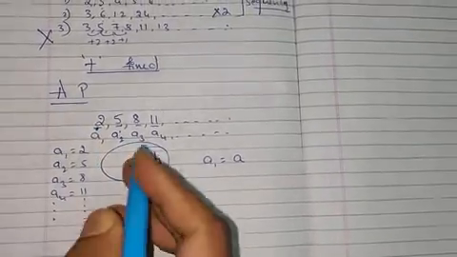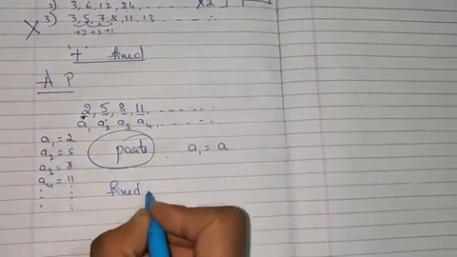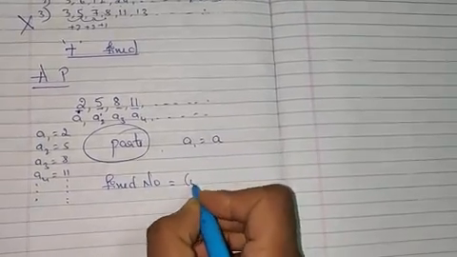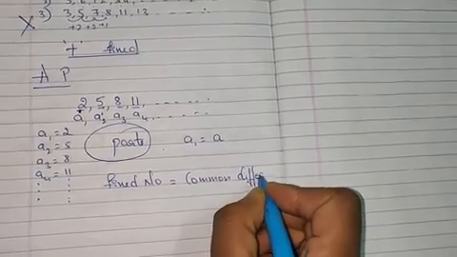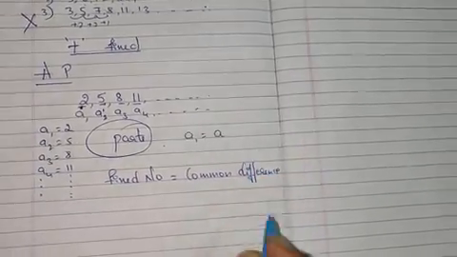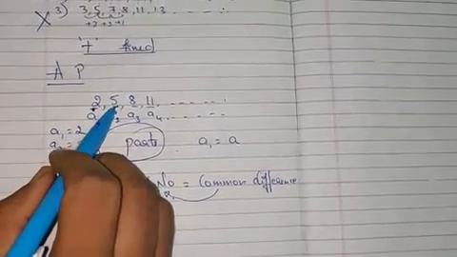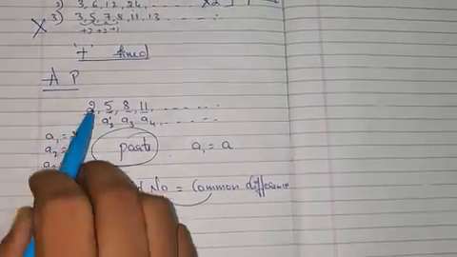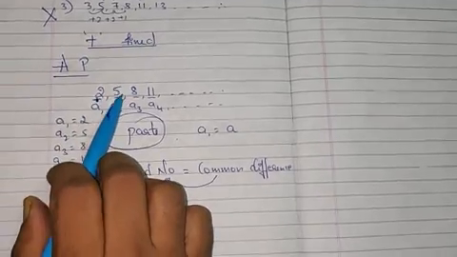That fixed number is called the common difference. So what is common difference? Common difference is a fixed number which is added to the preceding term, meaning the one before, to get the succeeding term. Succeeding term means the next term.